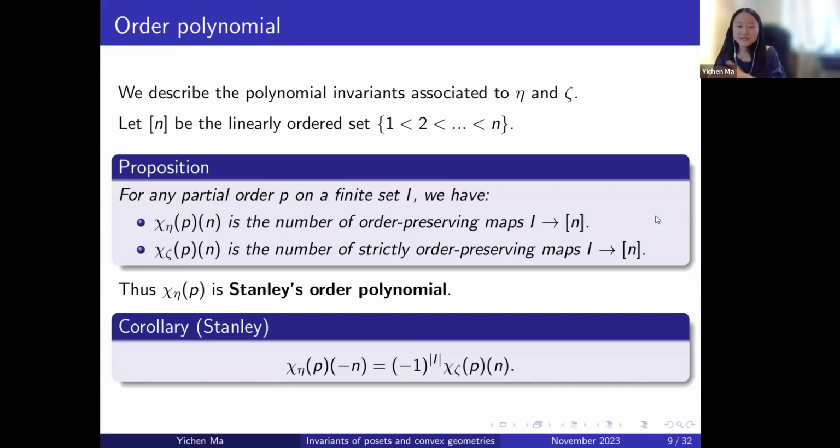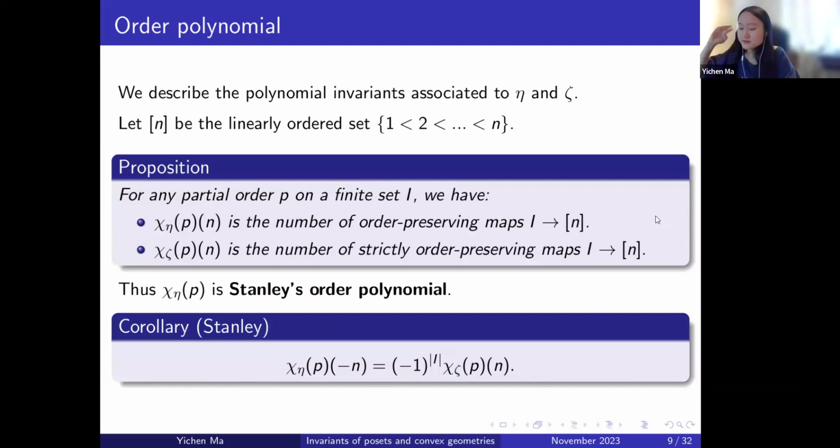And then by computations, we know the polynomial invariant associated to eta counts the number of order preserving maps. And the invariant associated to zeta counts the number of strictly order preserving maps. And we know this notation from Stanley. So indeed, these numbers are the order polynomial and strict order polynomial.